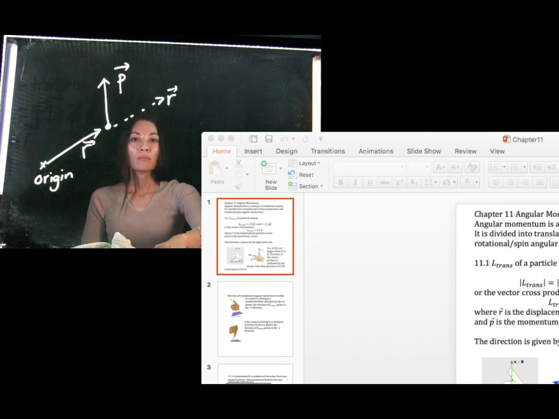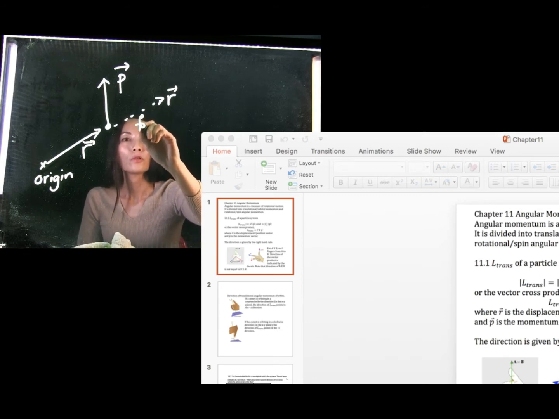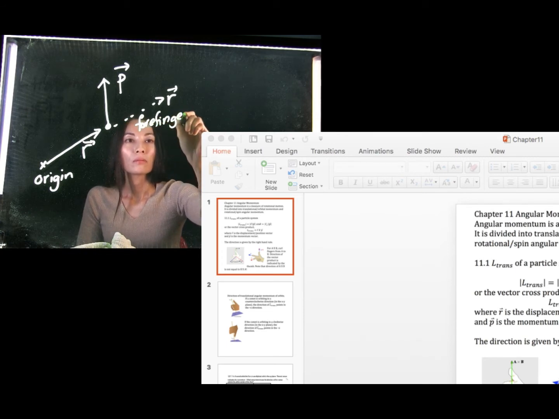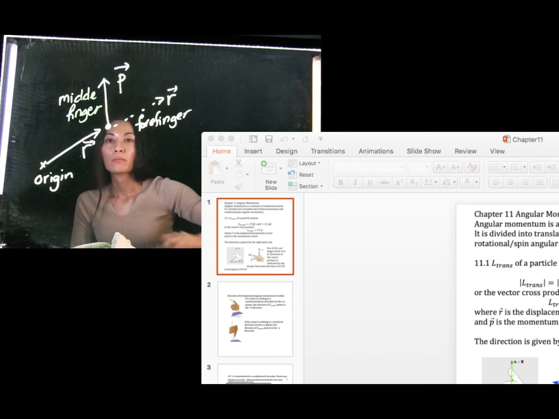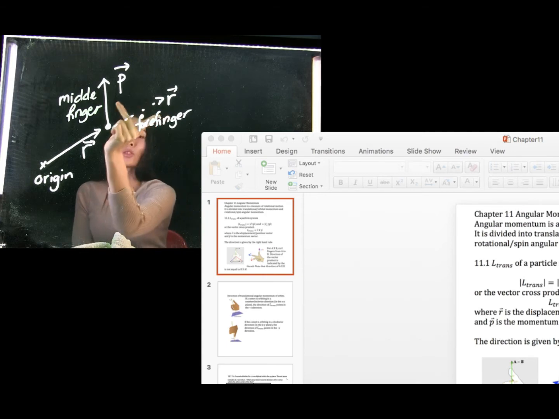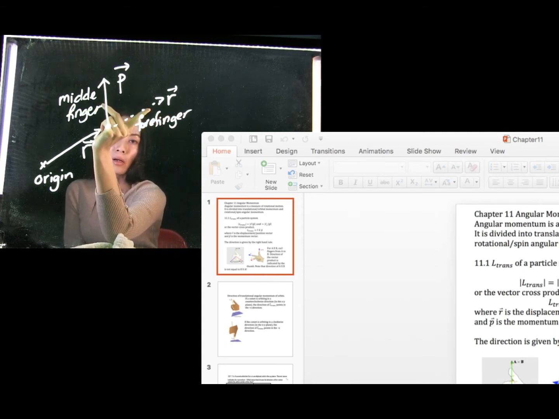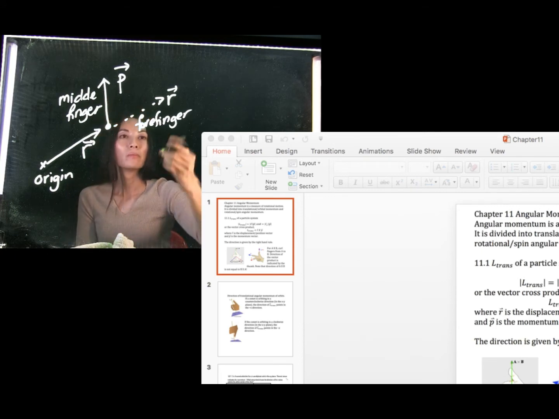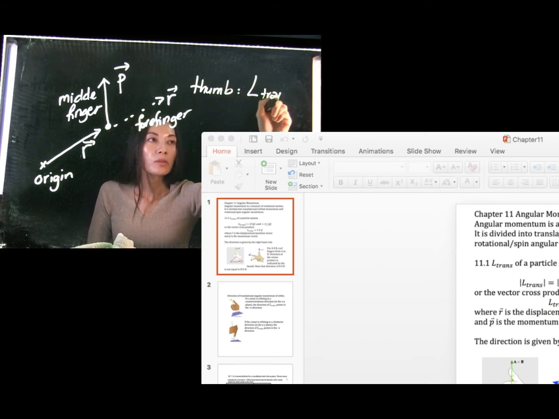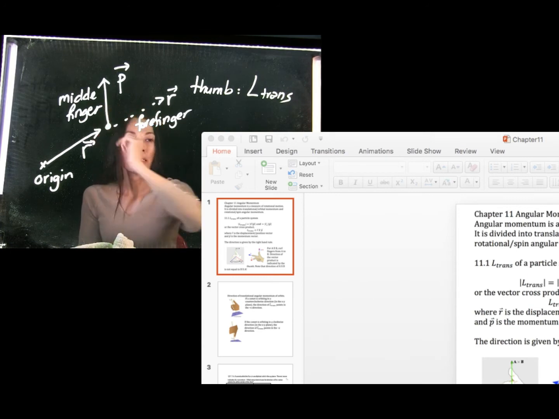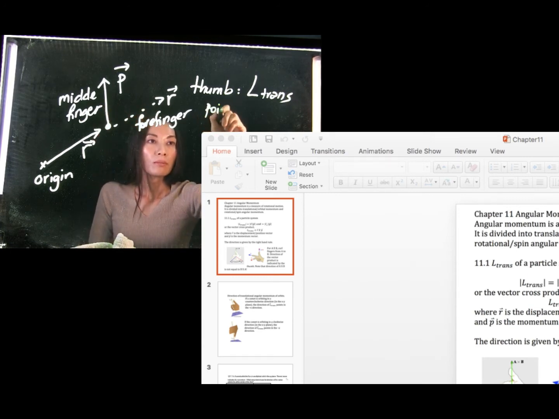In the other method, you put your forefinger in the direction of r and your middle finger in the direction of p, and my thumb is the translational angular momentum direction, and that points towards me.